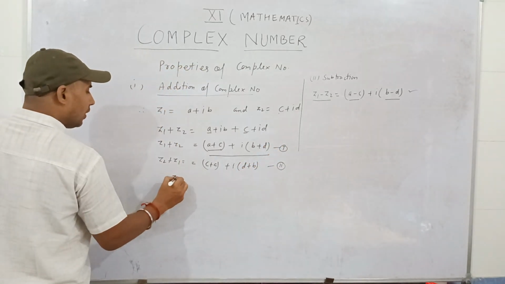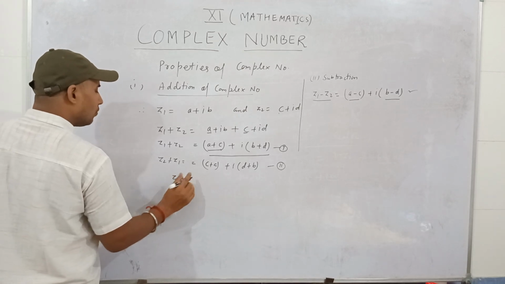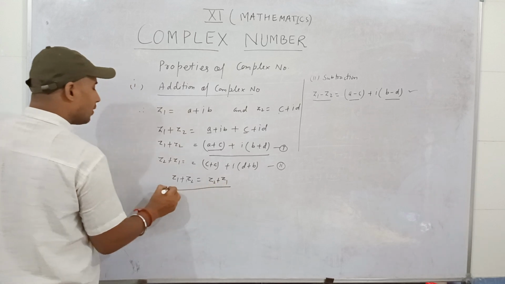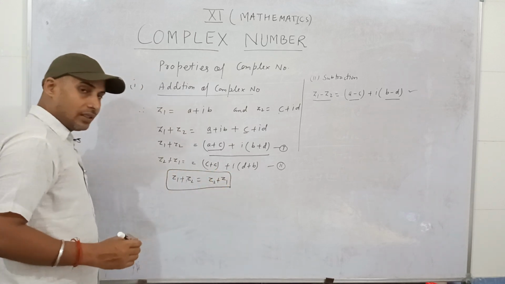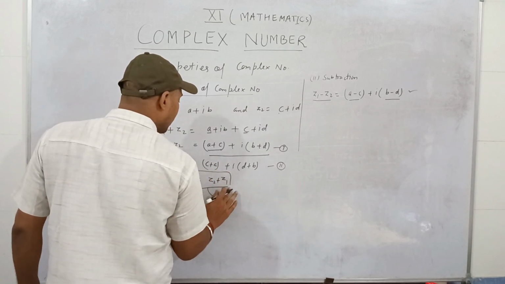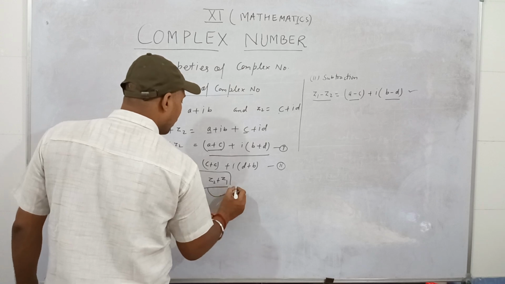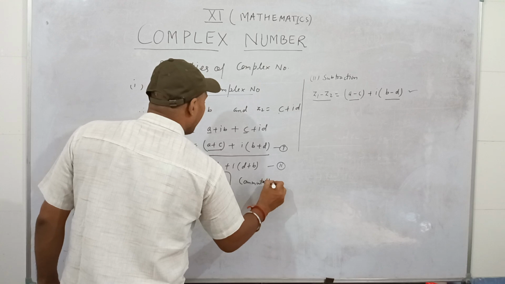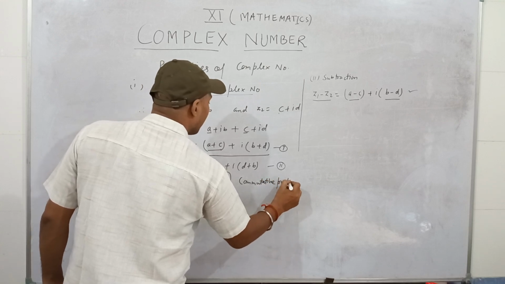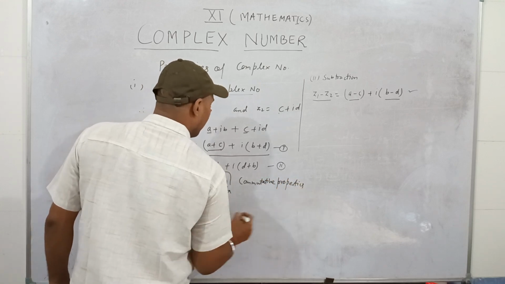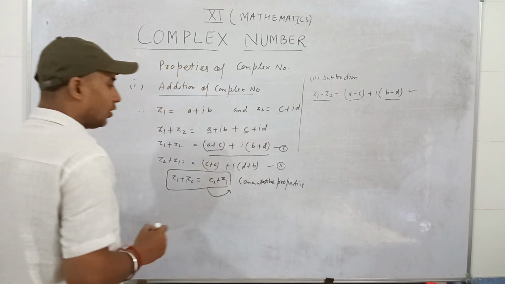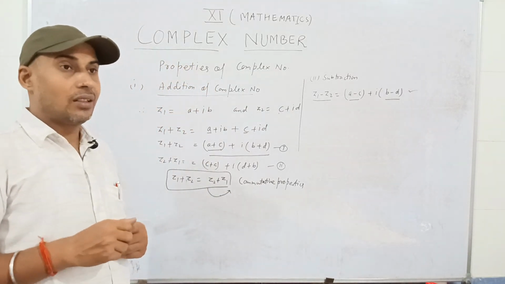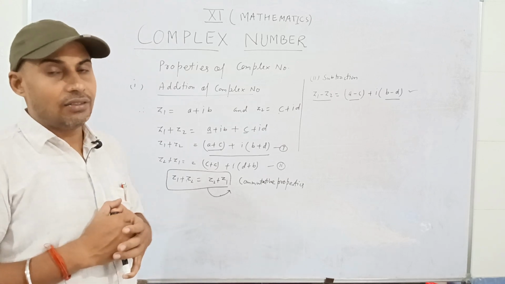It means Z1 plus Z2 must be equal to Z2 plus Z1. This is a property. This property is called the commutative property. It means the complex numbers follow the commutative property.